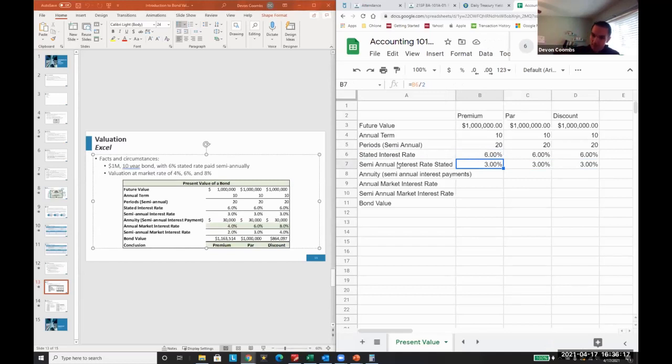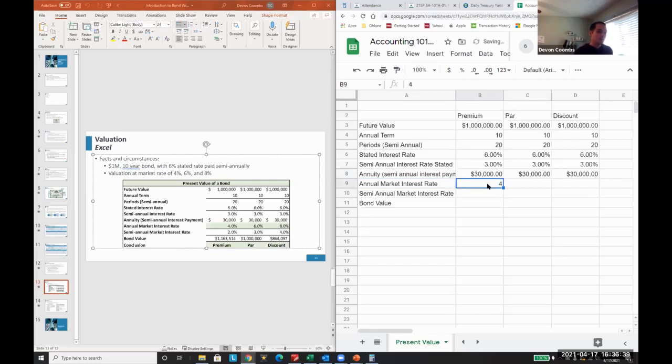Every 6 months, we're paying 3% interest. Does that make sense? I know there's some questions in the chat. I'm going to get to that after I go through this model. So to figure out our semi-annual interest, we take our million times 3%. So we're going to pay $30,000 a year. I mean semi-annually, $30,000 every 6 months or $60,000 a year.